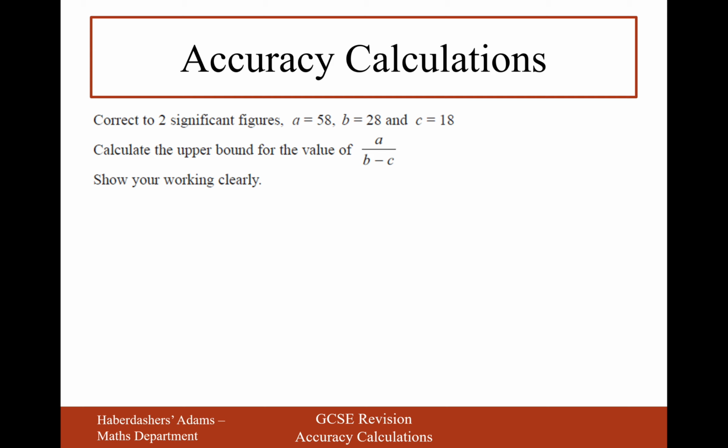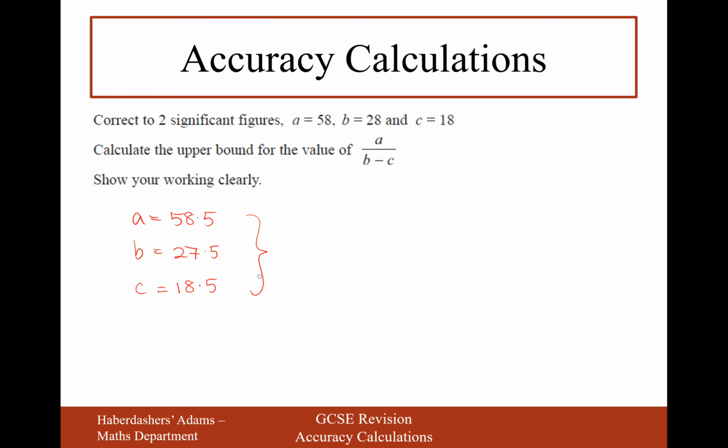Okay, so similar to the question before, find the upper bound. So A is going to be 58.5. For B, we're looking to work out the lower bound for the denominator. So we find the upper bound in total, so that's 27.5. And if we're looking to minimise the denominator, we're looking to subtract as much as possible, so that would be 18.5.